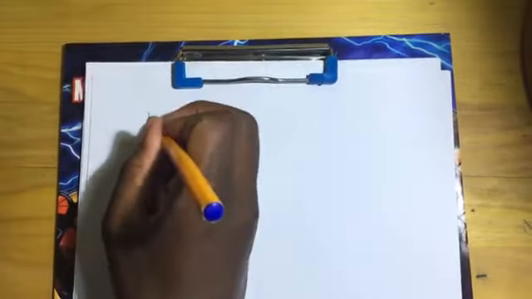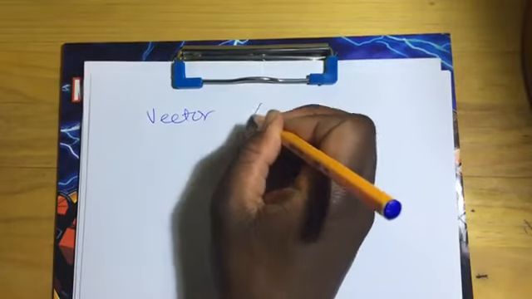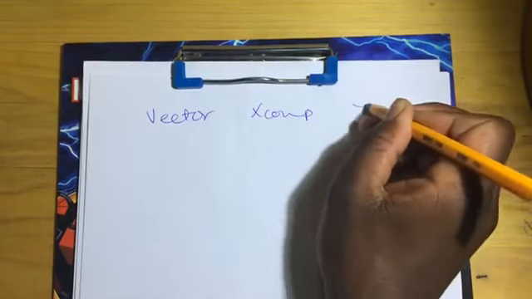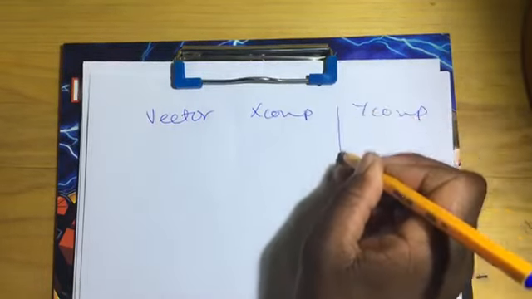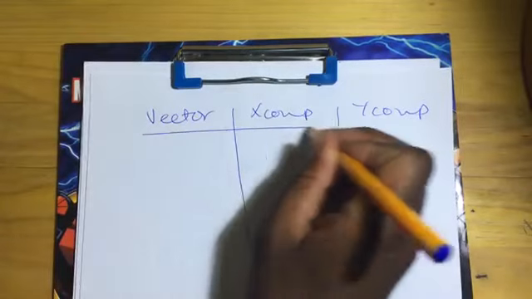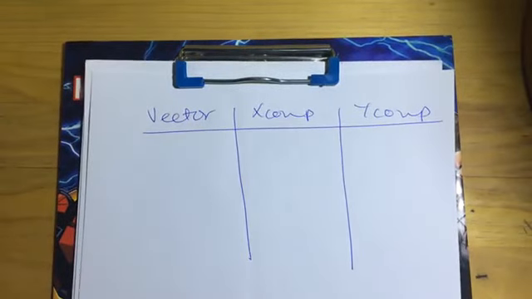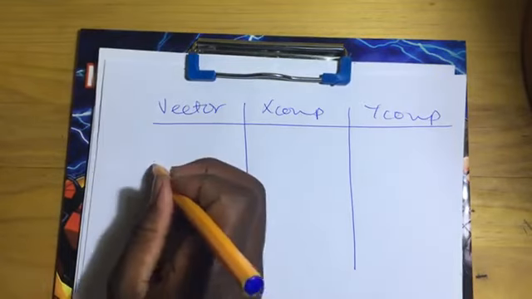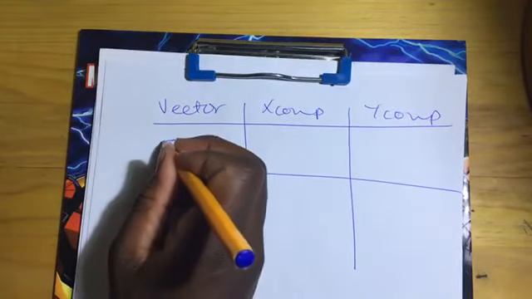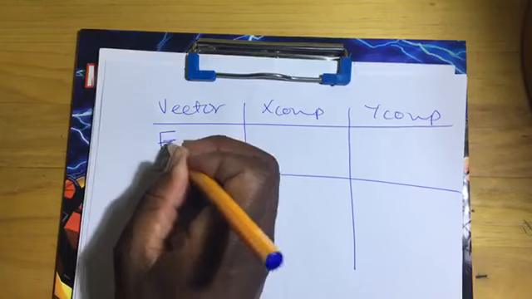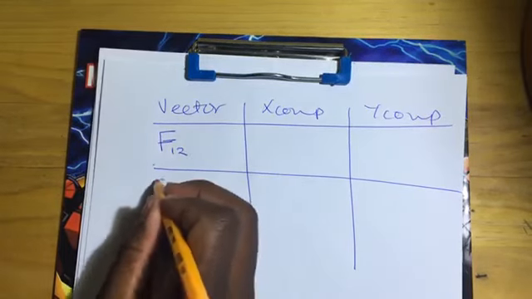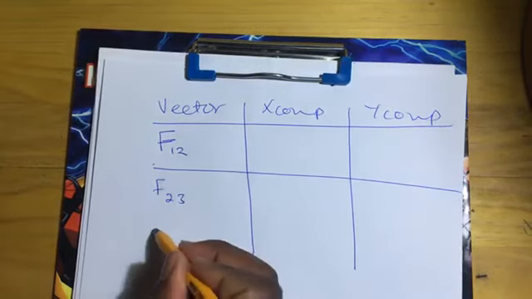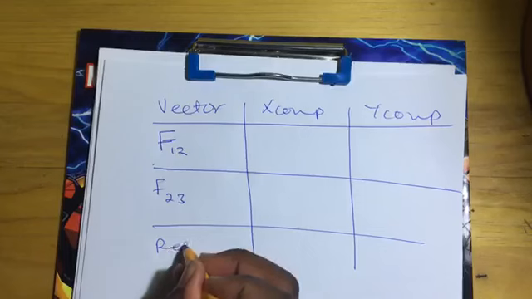Remember, the analytical method is going to have the vector, the x component, and the y component. We are talking about two vectors here: vector 1, which is F12, and vector 2, which is F23, and obviously we're going to have a resultant.